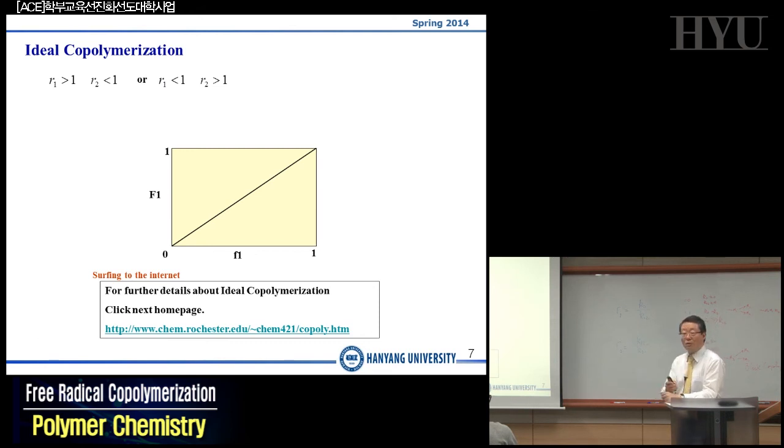Let's say that R1 might be 1.2 or 1.1, and R2 might be 0.99, for example. To make the product equal to 1, you have a larger R1 and smaller R2, or larger R2 and smaller R1, in those cases.